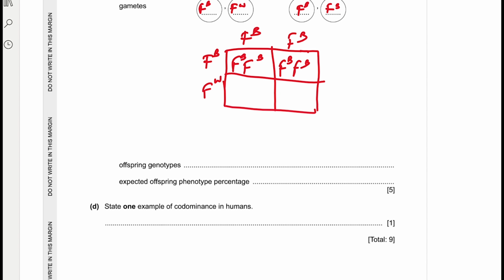This one here will give us black and white. And that one will give us black and white. Alright, so the offspring's genotype will be either black or black and white. Expected phenotype will be black or black and white.